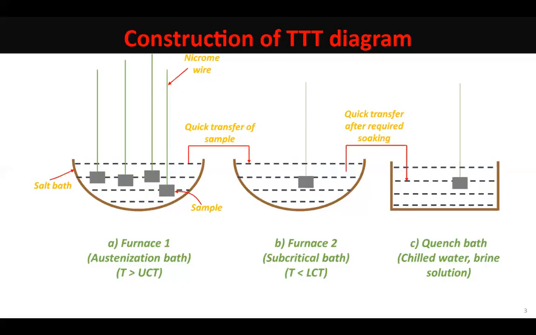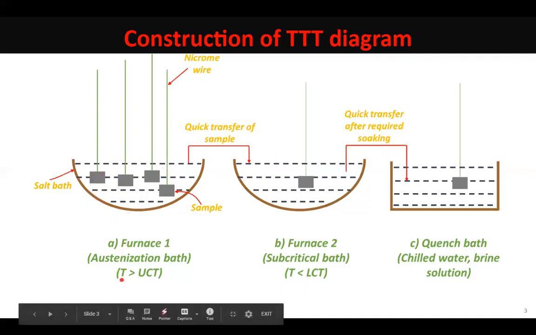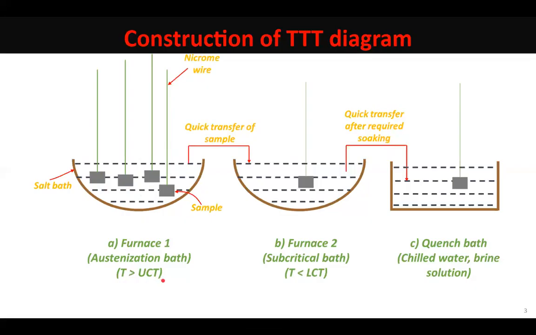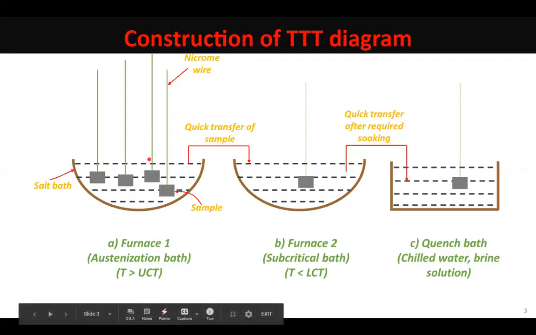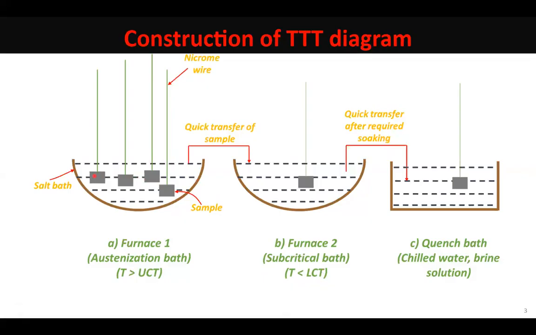Now here austenite has formed, but because steel has been held at a temperature greater than the upper critical temperature of the steel, this austenite is completely stable and has no urge to transform. So now we know that when a particular steel is at a temperature lower than the lower critical temperature of that steel, the austenite becomes completely unstable and immediately or after some period of time transforms to some other phases.